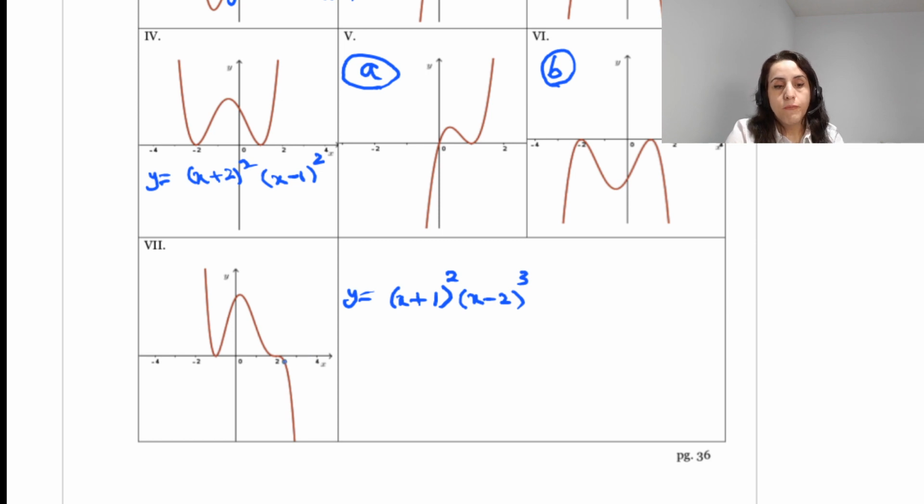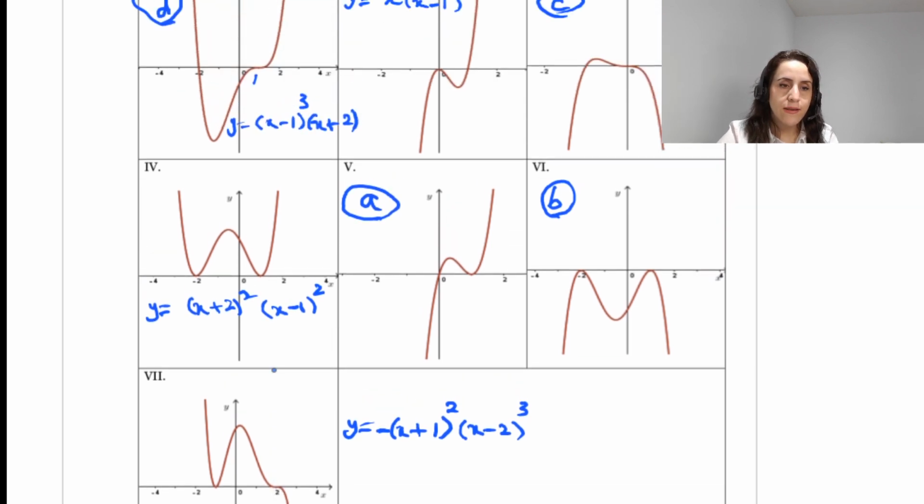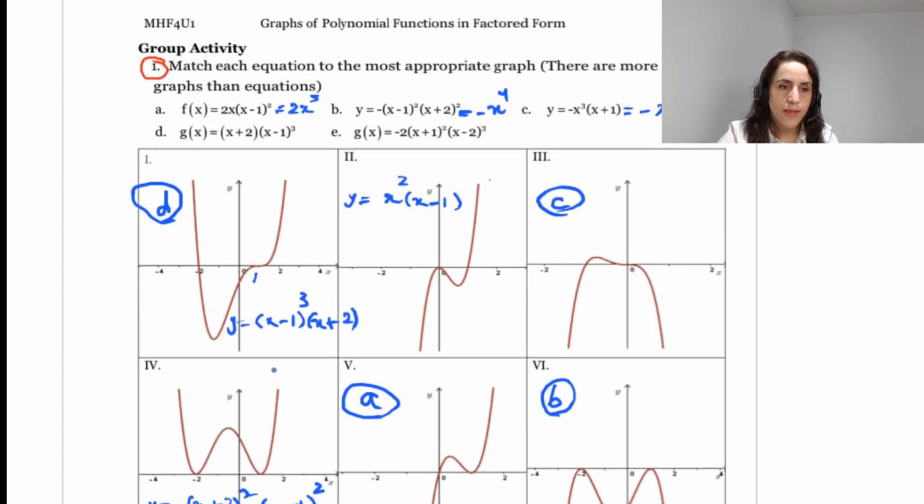Here, because it's ending up at the negative side on the right side, I know that the leading coefficient has to be negative. Then I'm checking the answer that matches that one.